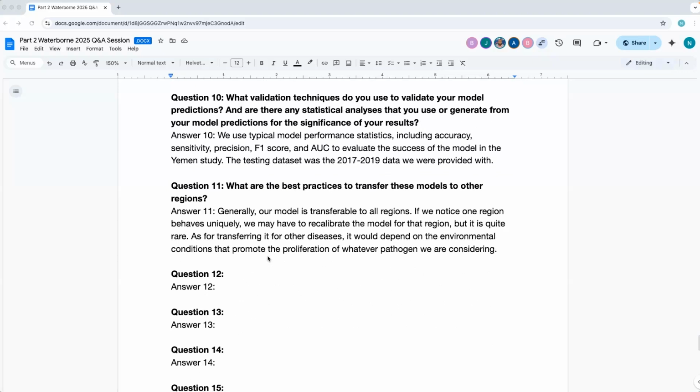So for the validation of our model, the main study that we did was the one in Yemen, where we looked at the county level data sets from 2017 to 2019. We have the weekly number of cholera cases there. And what we did was we ran the model for all three of those years and compared the model outputs with the case data.